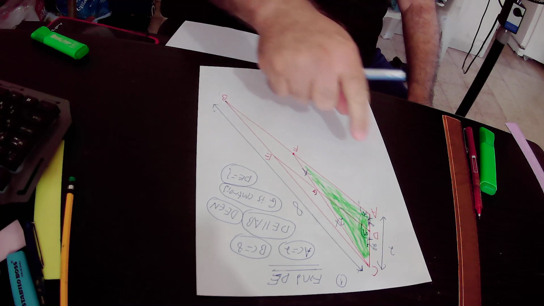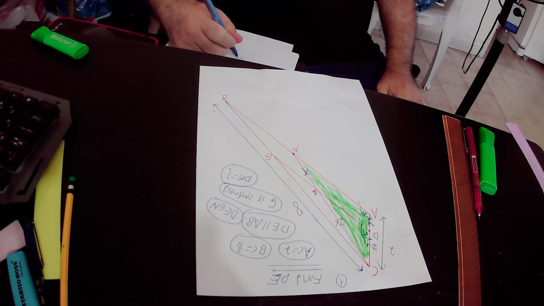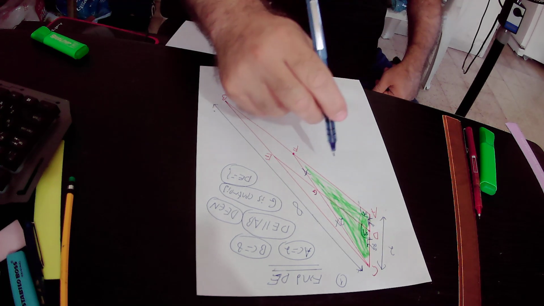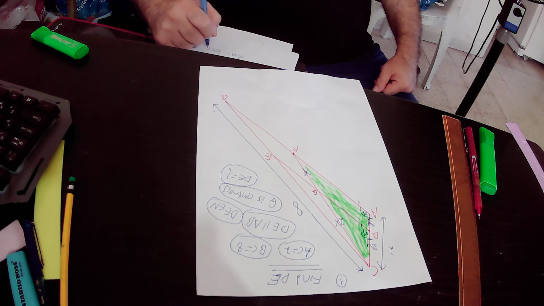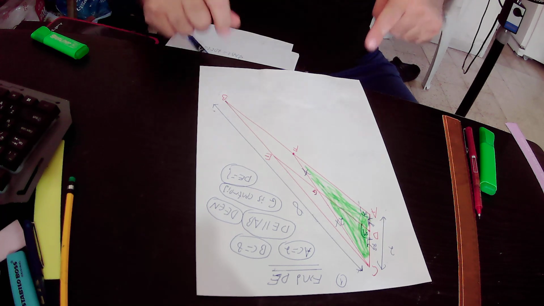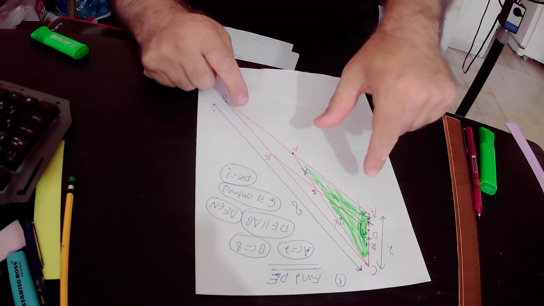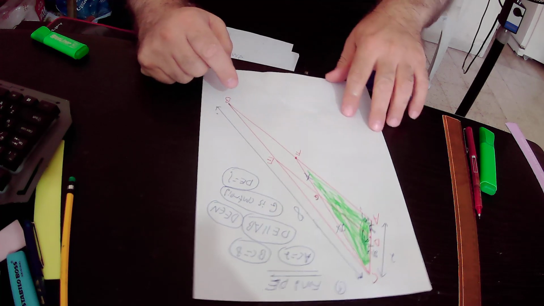That is to say, angle ABC will be equal to angle DEC, according to rule number 3.